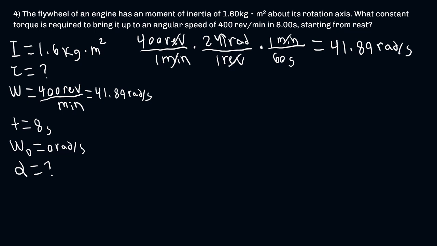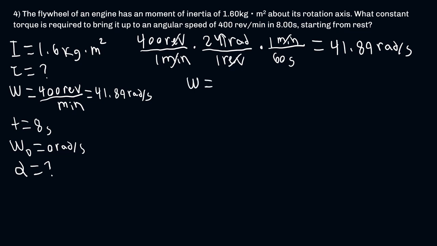So what angular kinematics equation am I going to end up using here? I have an initial velocity, I have a final velocity, I have a time, and I'm looking for acceleration. So that equation is going to be our final angular velocity equation.